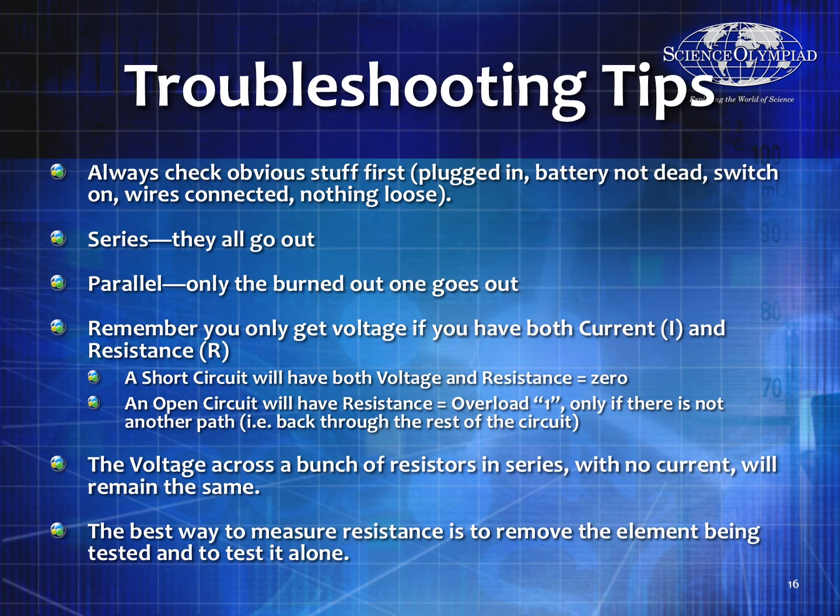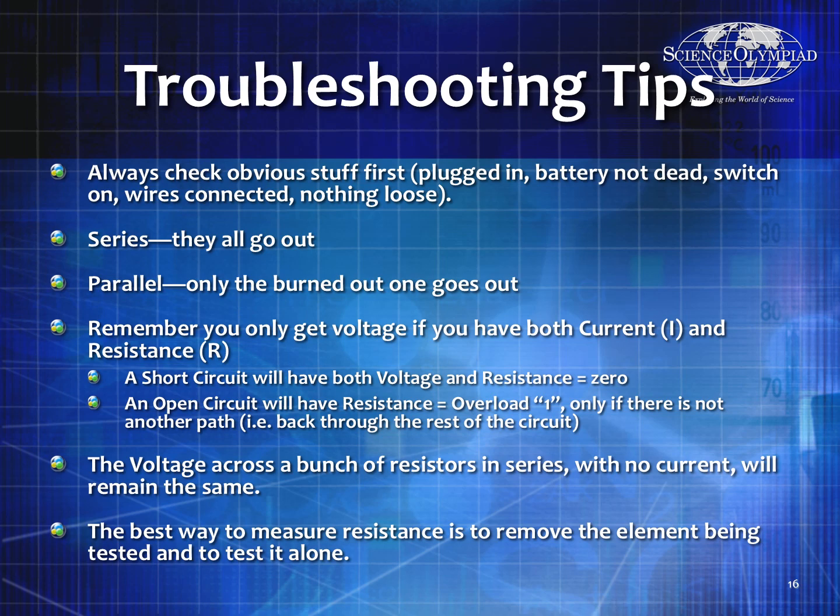Okay. Remember, you only get voltage if you have both current and resistance. So a short circuit will have both voltage and resistance equal to 0. An open circuit will have a resistance equal to overload or 1, or somehow else showing that it's open. Okay, only if there's not another path.